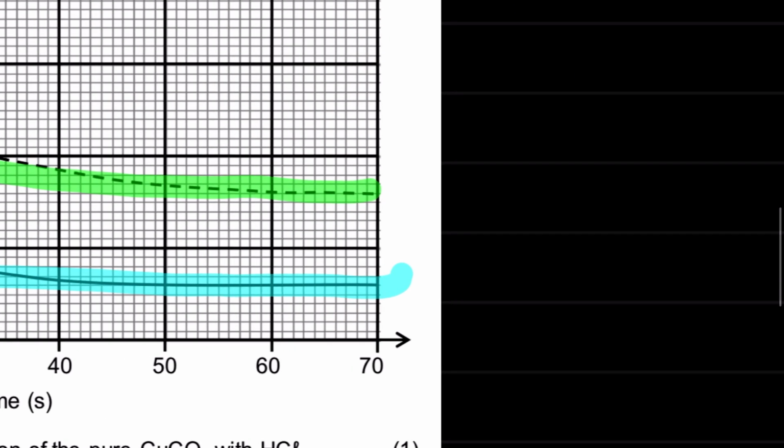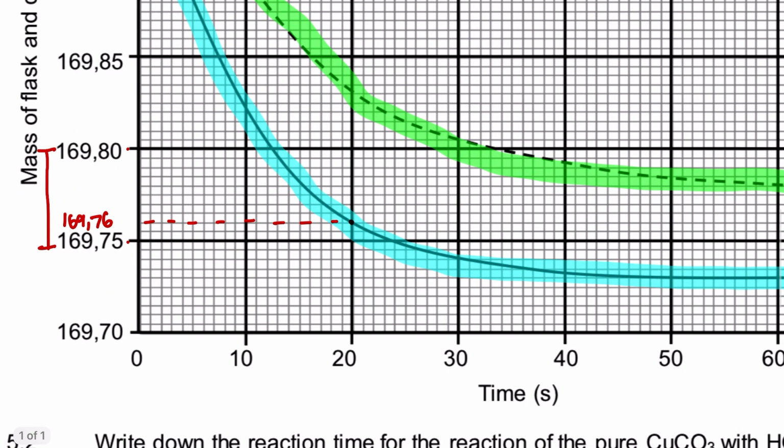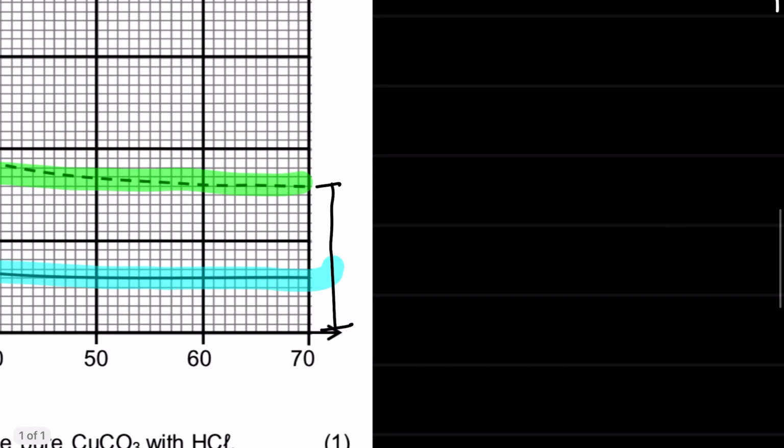So at the end, we need to figure out what this value is going to be. If we know that this right here is 169.75, we can figure out what this is by again multiplying by the number of blocks.